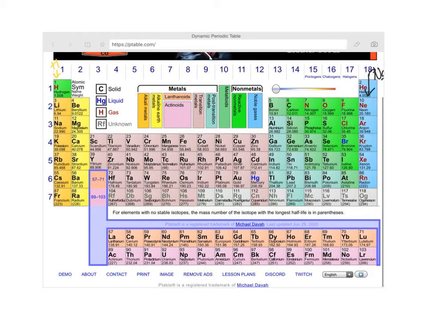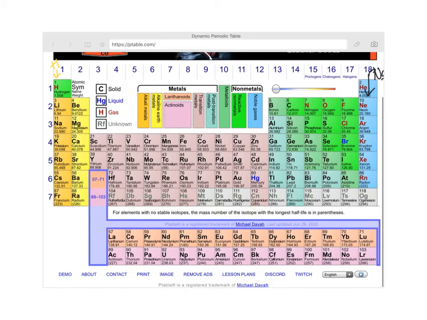Hydrogen and the group down below has 1 electron in its outermost orbital. Just go with me here. That has 1. This group would have 2 electrons. I'm skipping over. This group has 3 electrons. This group has 4 electrons. This group has 5 electrons.